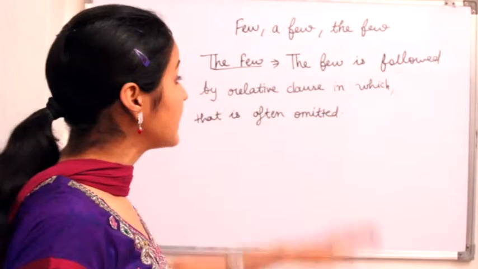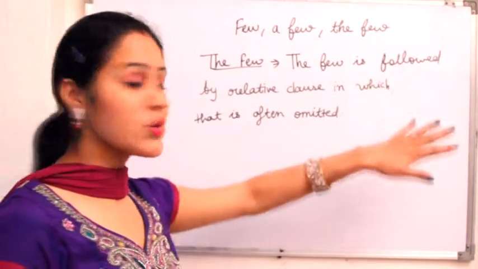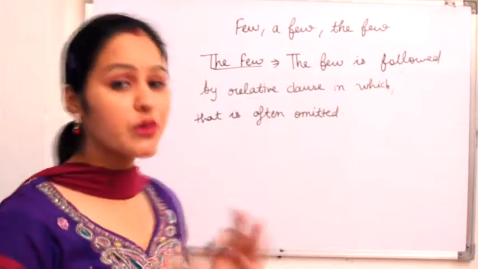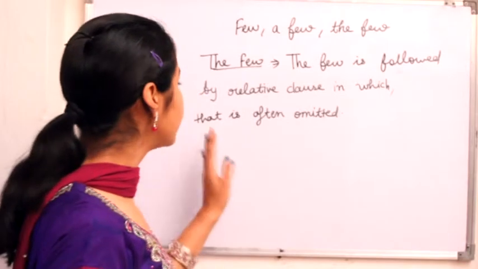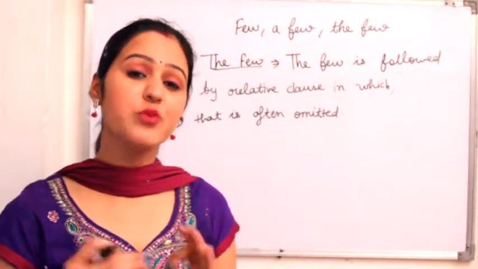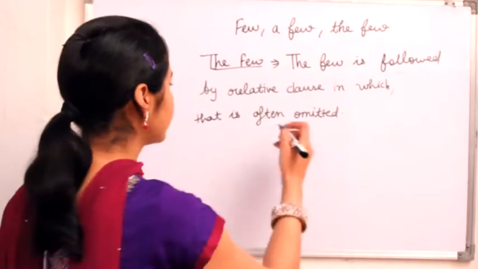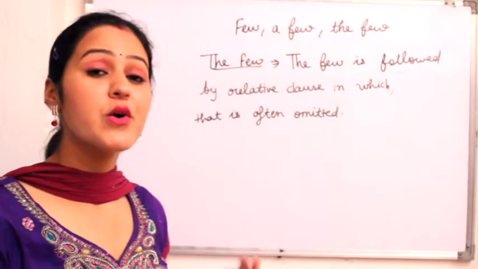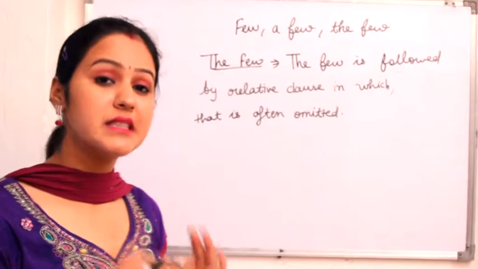So here the few is also followed by a relative clause in which that is often omitted. It means we have to put that somewhere. We just have to put that.